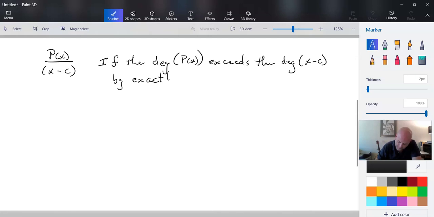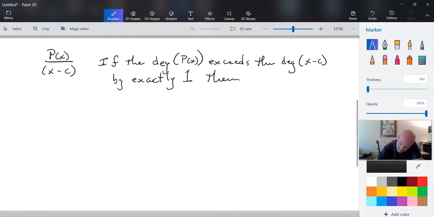that means they just differ by 1 degree. So if the denominator has a degree 2, the numerator has a degree 3. They just have to be one off of each other in general. But because we're only dividing by linear factors right now, that just means that the numerator is quadratic and the denominator is linear.